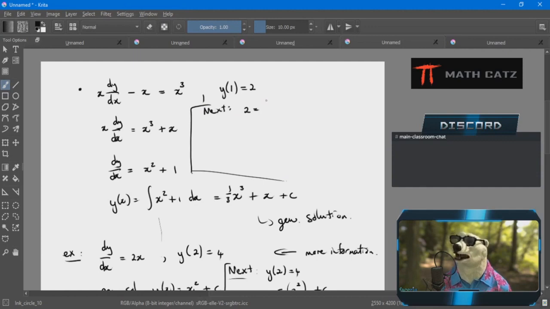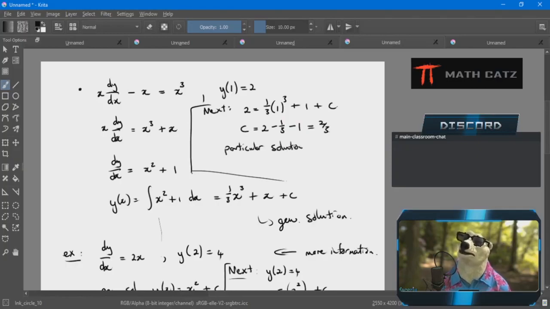So 2 for y, 1/3, 1 for x, so 1 cubed here, plus 1 plus c. So that means c is equal to 2 minus 1/3 minus 1, so that'll be 2/3. So my particular solution is y equals 1/3 x cubed plus x plus 2/3.